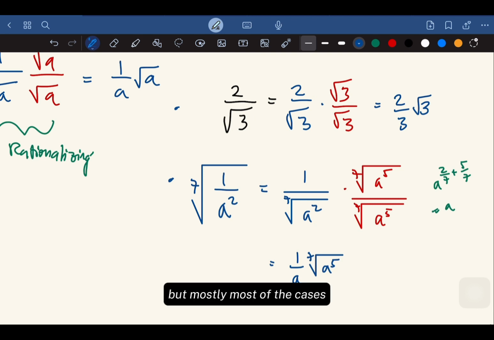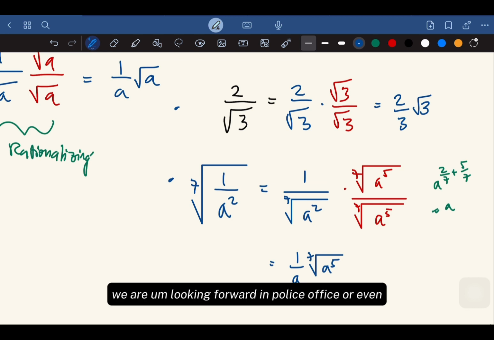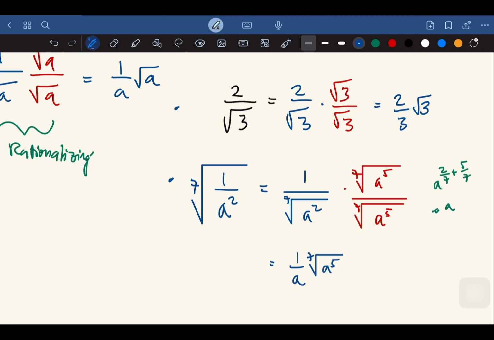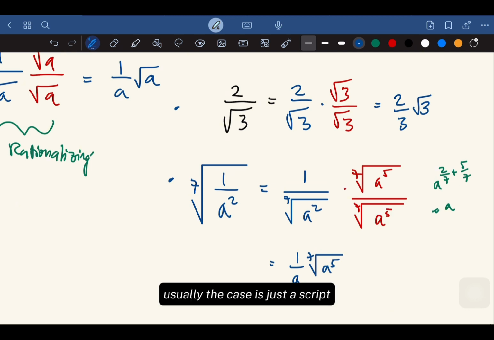But in most cases, if we are looking forward to at least calculus or even engineering mathematics, usually the case is just a square root. So you need just to multiply with its own number.